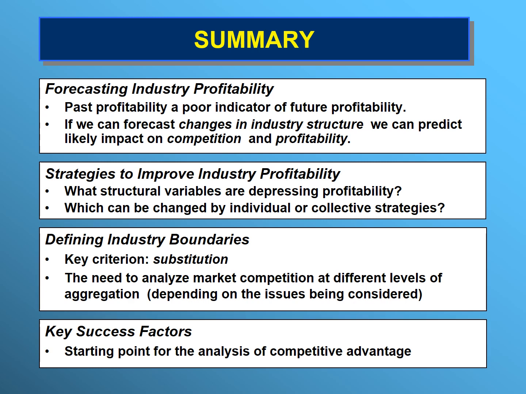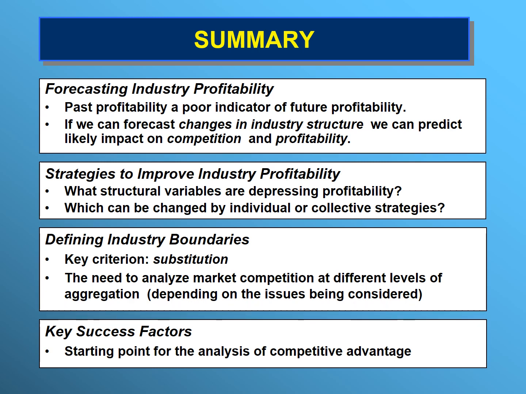We can summarize this unit. First is forecasting industry profitability. Past profitability is a poor indicator for future profitability. If we can forecast changes in industry structure, we can predict the likely impact on competition and profitability.